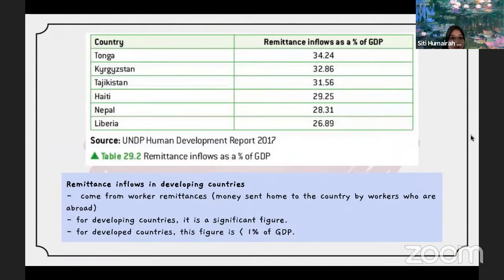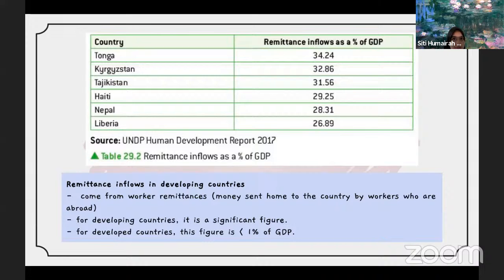There is also something called remittance. Remittance inflows in developing countries, and remittance is basically they come from worker remittances, which means the money is sent home to the country by workers who are abroad.